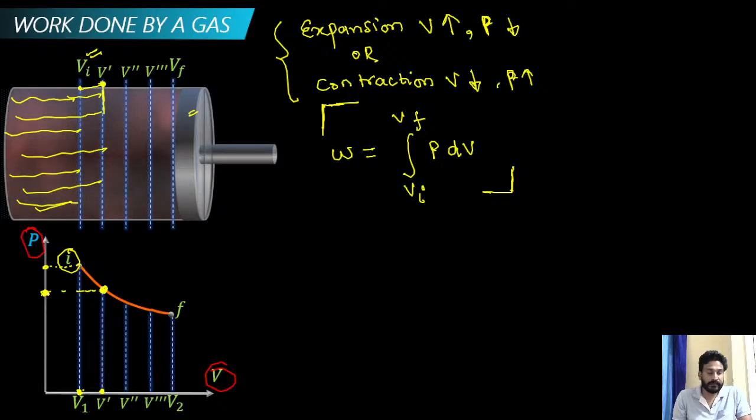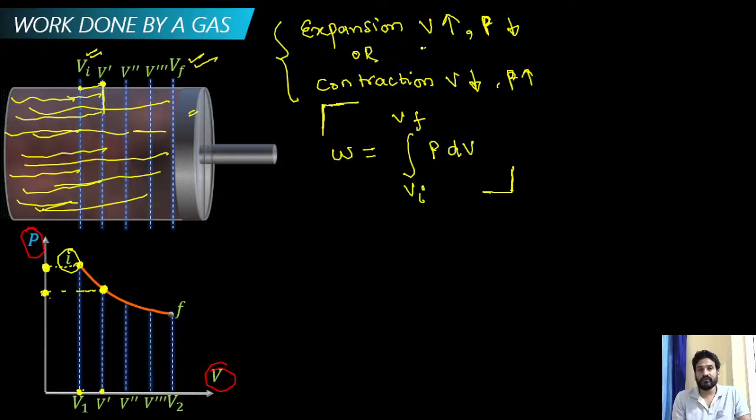So the volume will be increased and the pressure will decrease. At the initial stage, this is the pressure at this volume. If my piston is at this position, the volume is now the full volume of the cylinder. If my volume increases, my pressure decreases. So this is my final position, right?